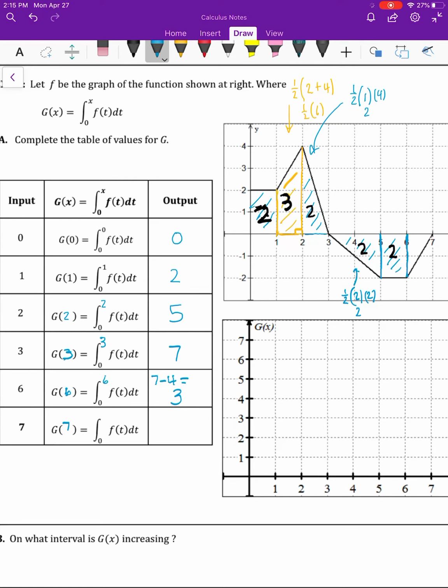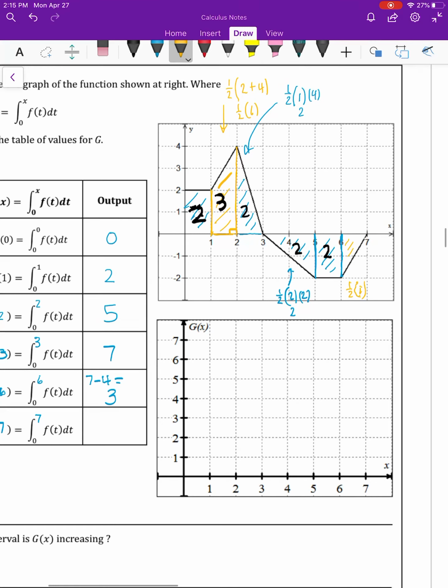And then g of 7 is the integral from 0 to 7. So now we need to find out what this right here is. So again, we've got a triangle, 1/2. The base is 1. And the height is 2. So this is just going to be 1.